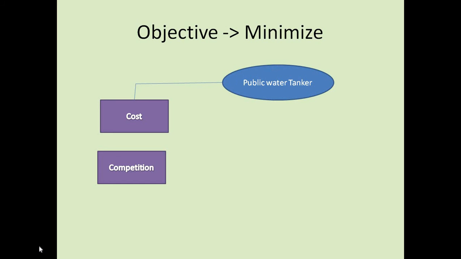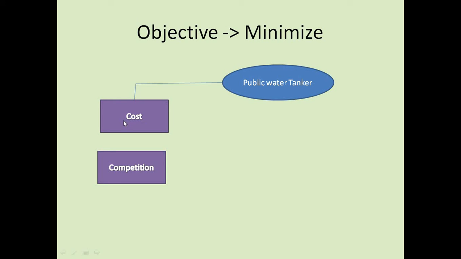If your objective is to minimize the cost, then you would prefer a public water tanker, which is your metro water tanker, where the cost is minimized. But you'll see there is more competition in getting this public water tanker, though the cost is very low.